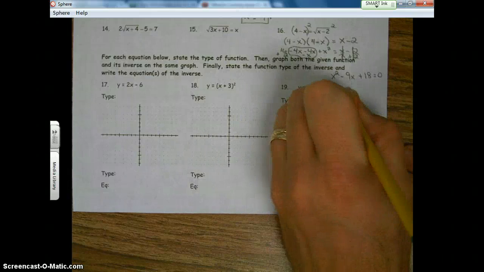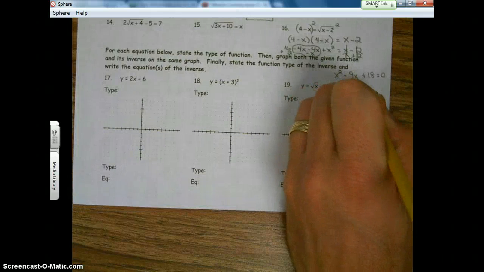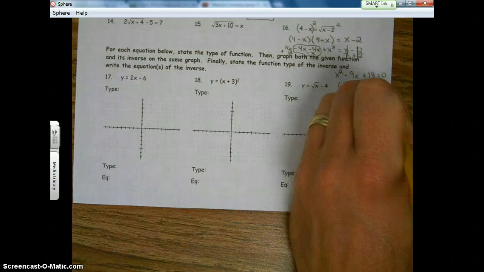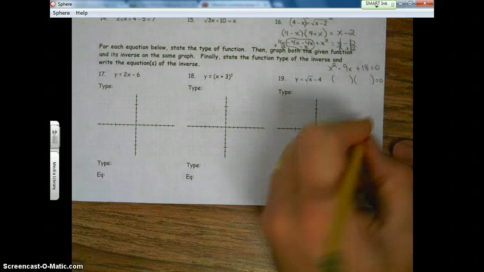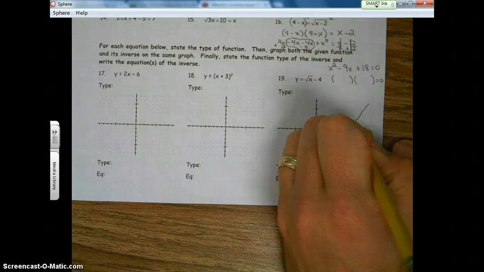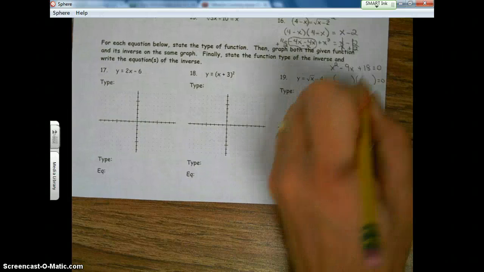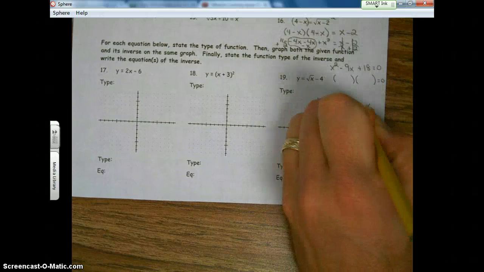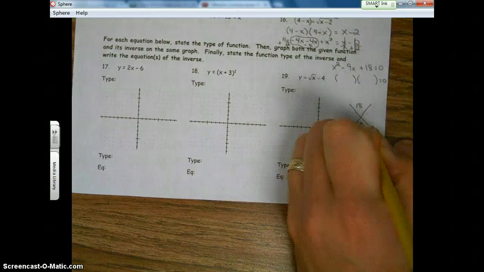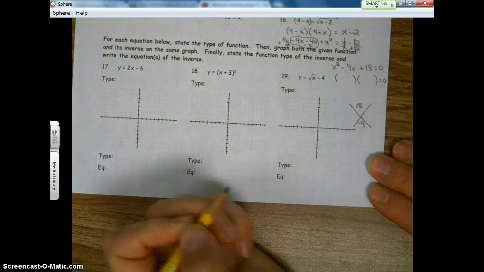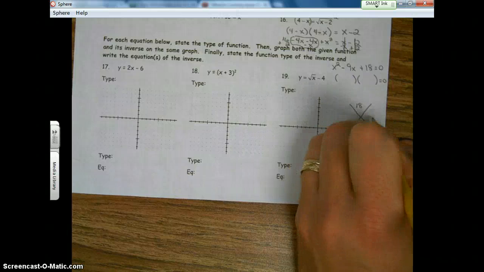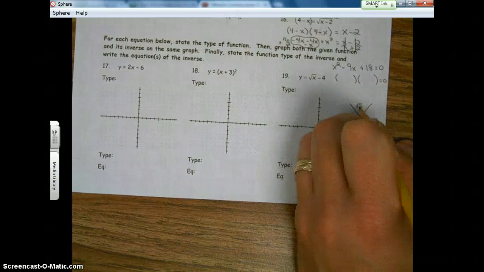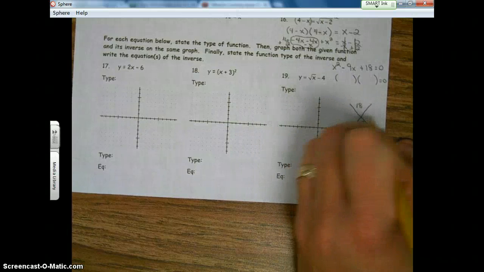Okay, I'm going to go ahead and factor this. Go ahead and use the x factor if you need to. So 18 times 1 on top, negative 9 on the bottom. I think two numbers that multiply to give me 18 and add to give me negative 9.